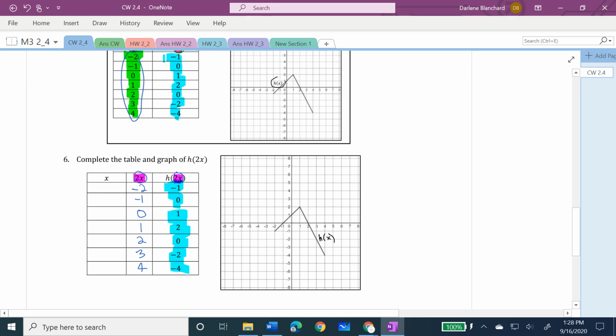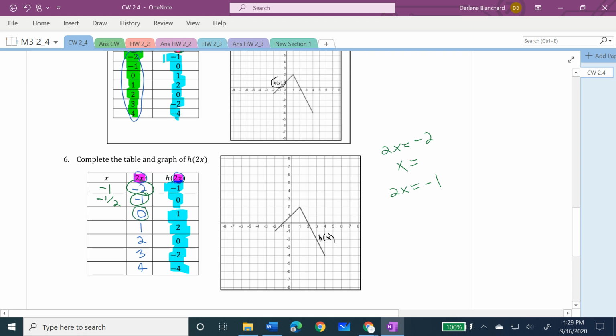So let's do this. If by chance 2x is equal to -2, what is x? Repeat that. If 2x is equal to -2, what is x equal to? -1. Yep. If 2x is equal to -1, what is x? -1/2. Uh-huh.